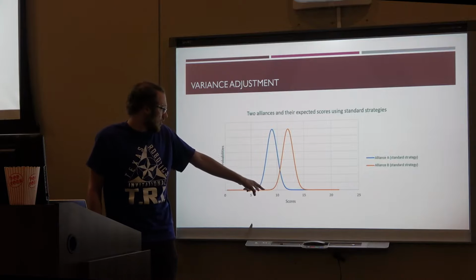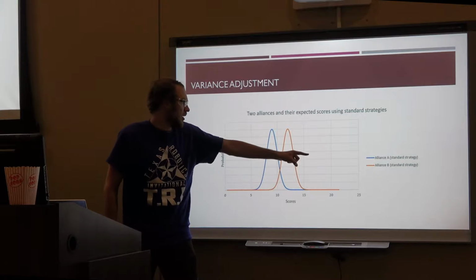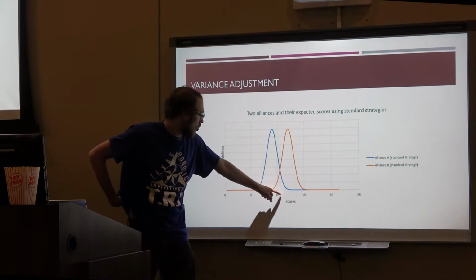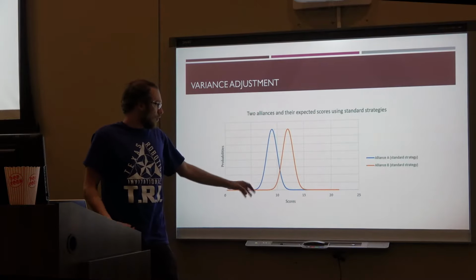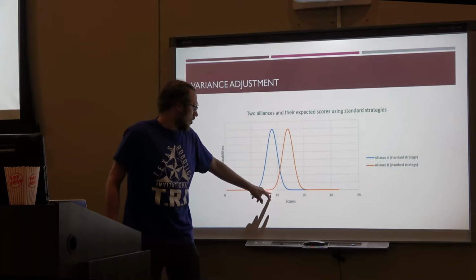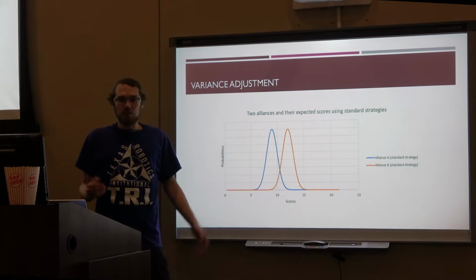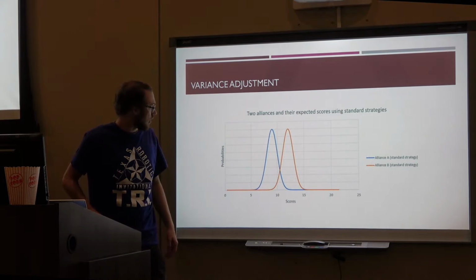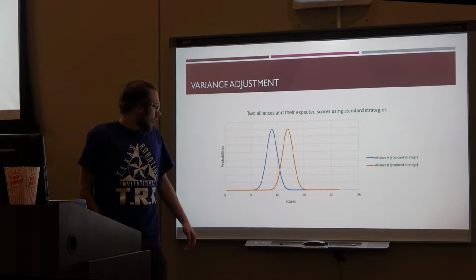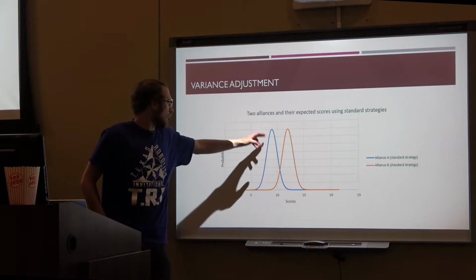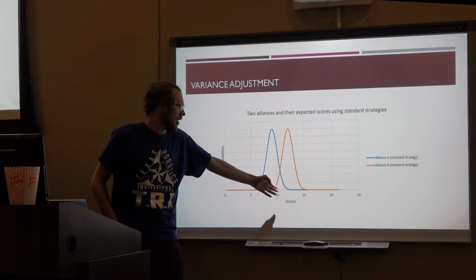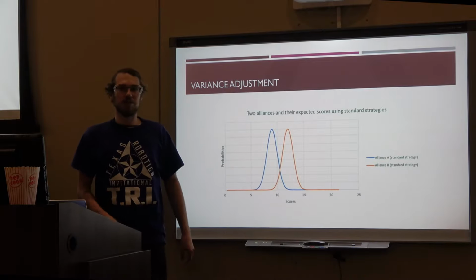Here are two alliances, and Alliance B in orange here is a better alliance. They're averaging like 12 or 13 points or so, and they could be scoring anywhere from 9 to 15 points or so. And then you have Blue Alliance over here, who's a weaker alliance, whose average score is 8 or 9 points, but they could be scoring anywhere from like 7 to 13 points or so, okay?